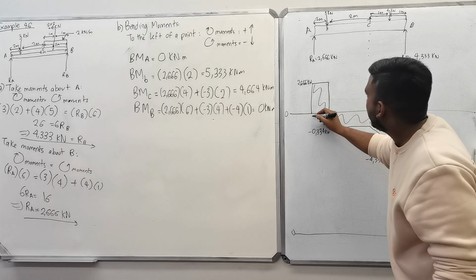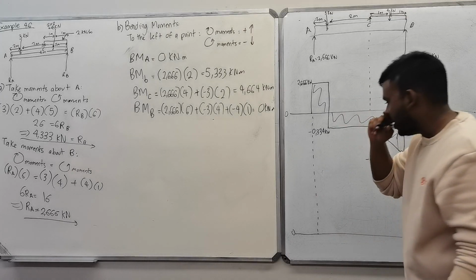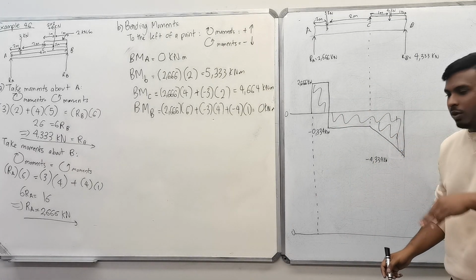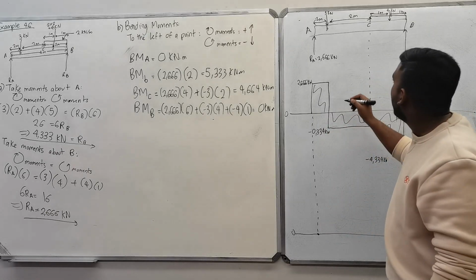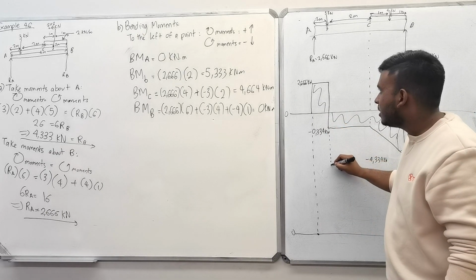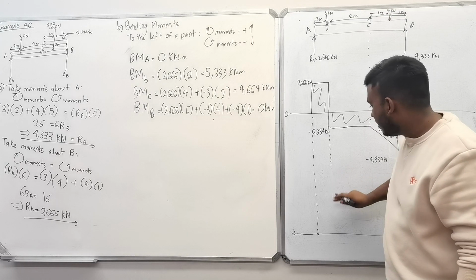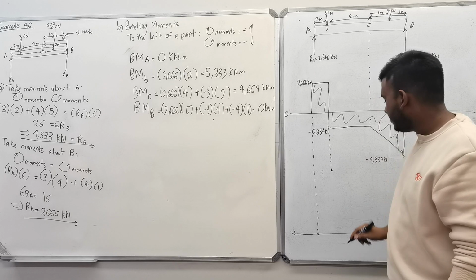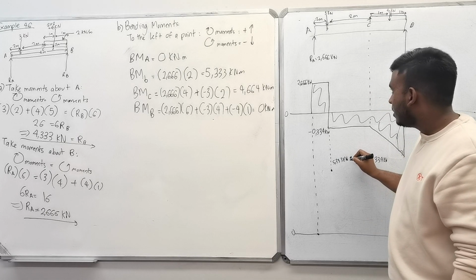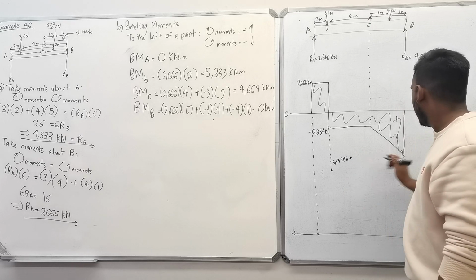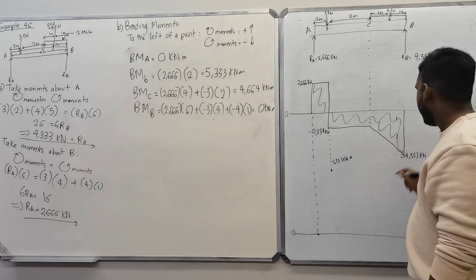Now let's see your bending moment diagram. You start at your ends. When you're redoing this example, try to draw it as accurately as possible, directly one below the other. First, bending moment at A is 0. Your bending moment at small letter b is 5.3 kilonewton meters.